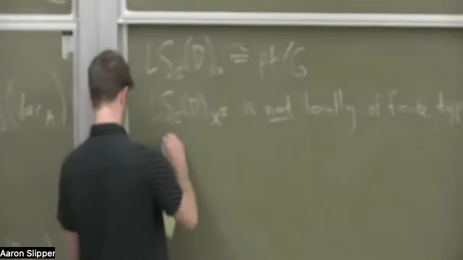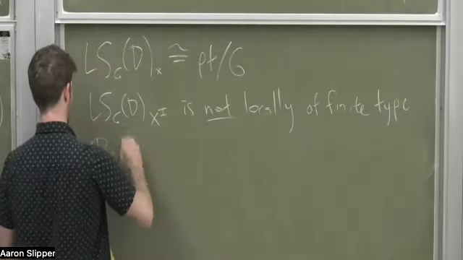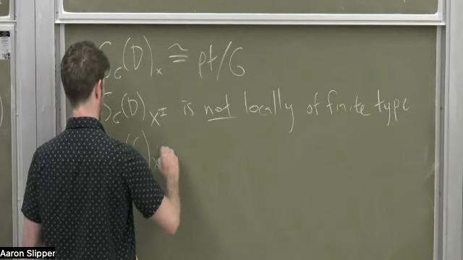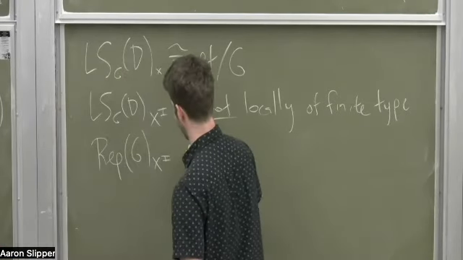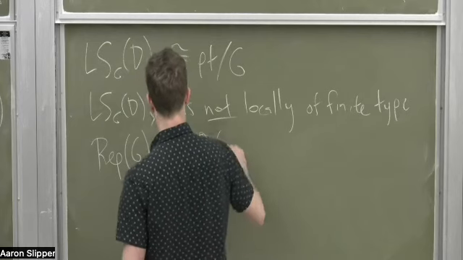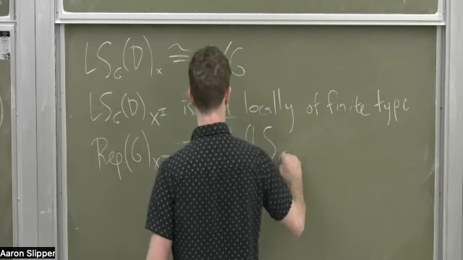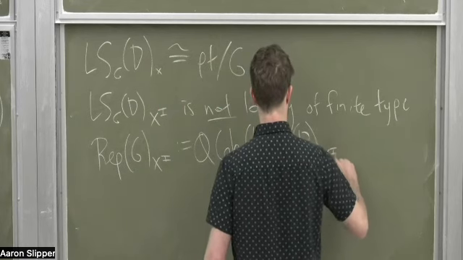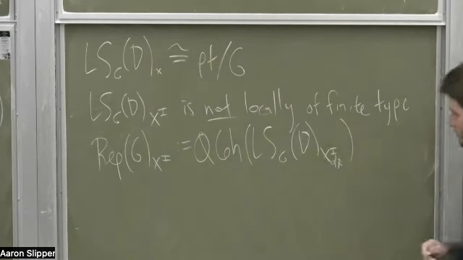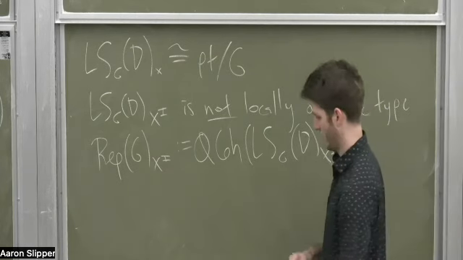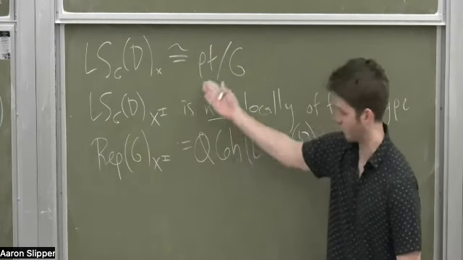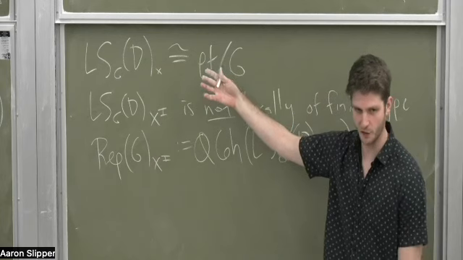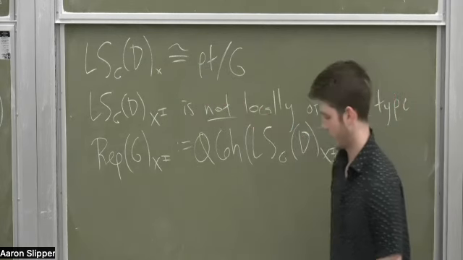Now the factorization category of G representations, I'll just define it by taking QCoh on the factorization space of local systems. Again, this thing is going to have fibers that look like Rep G or tensor product copies of Rep G. It's going to factorize.